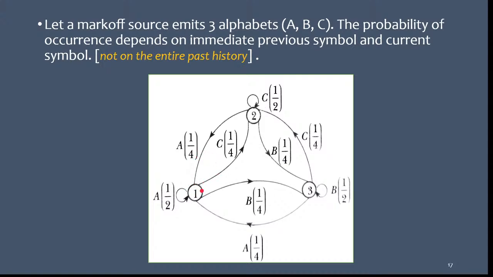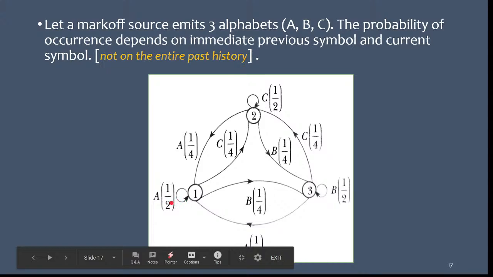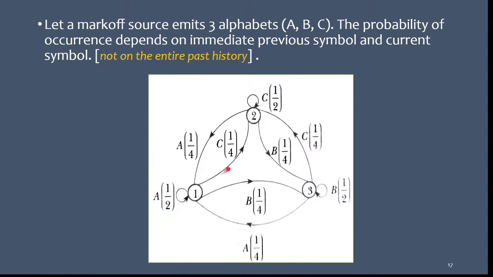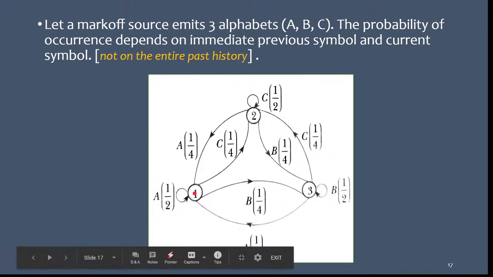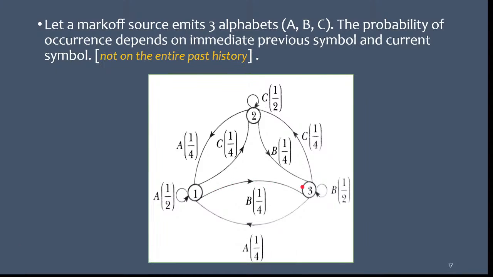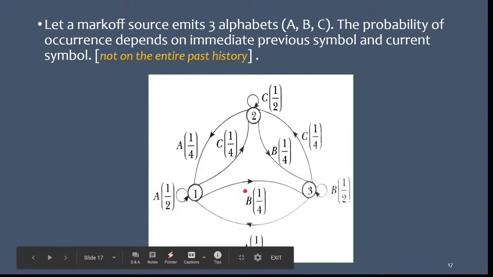So initially, if we say that this is the first state and it emits A with a probability of 1 by 2, and from this state, next time it may go to state 2 and emit the symbol C with the probability of 1 by 4. Similarly, from this state, it can go to state 3 while emitting the symbol B with the probability of 1 by 4.